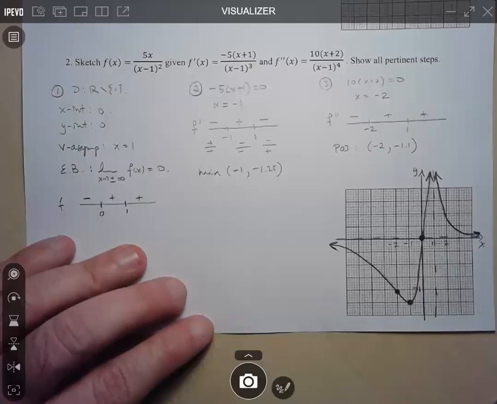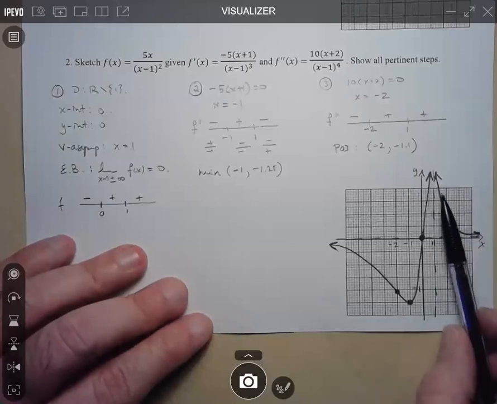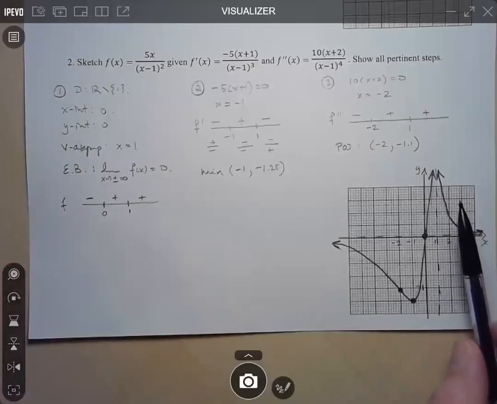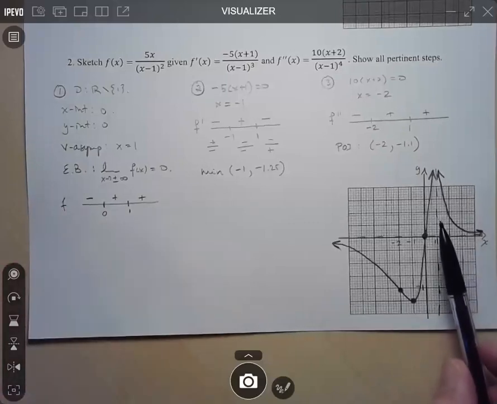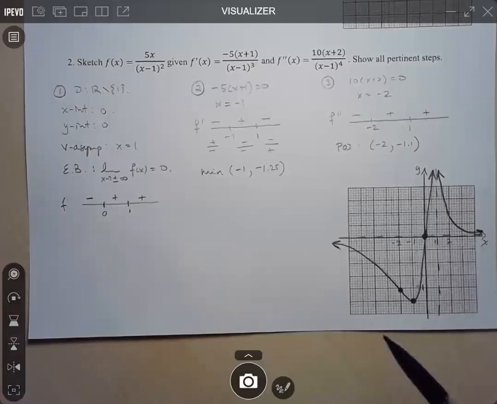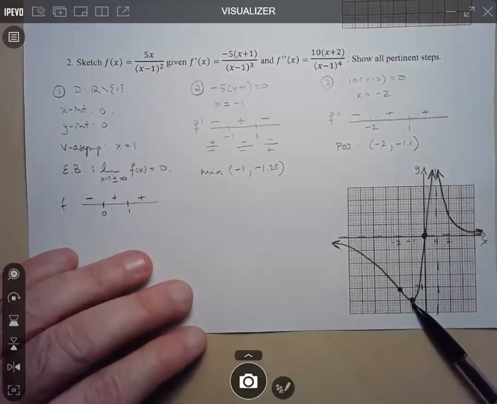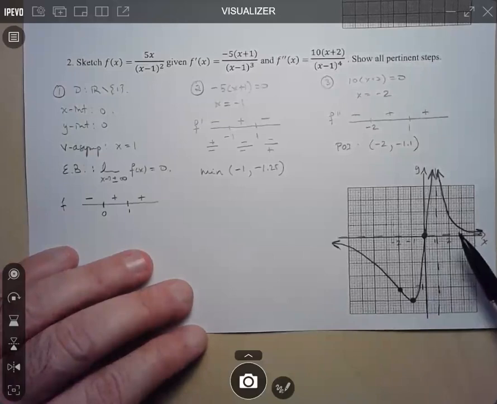Somebody's asking how picky you have to be. No, we're not going to be picky. What we are going to be picky about is those special points where things happen, like maxima and minima and points of inflection. There's no need to start plotting other points.